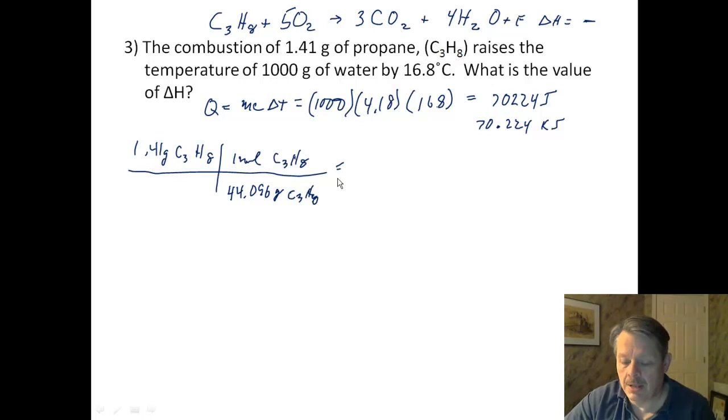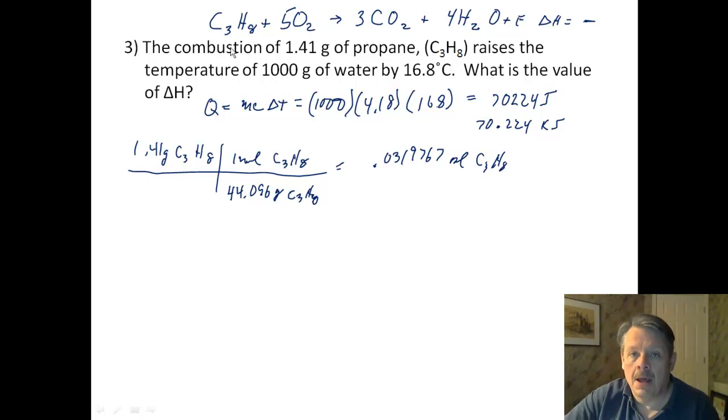Right, so that gives me, let's see, when I do that math out, I get 0.031967 moles of C3H8.